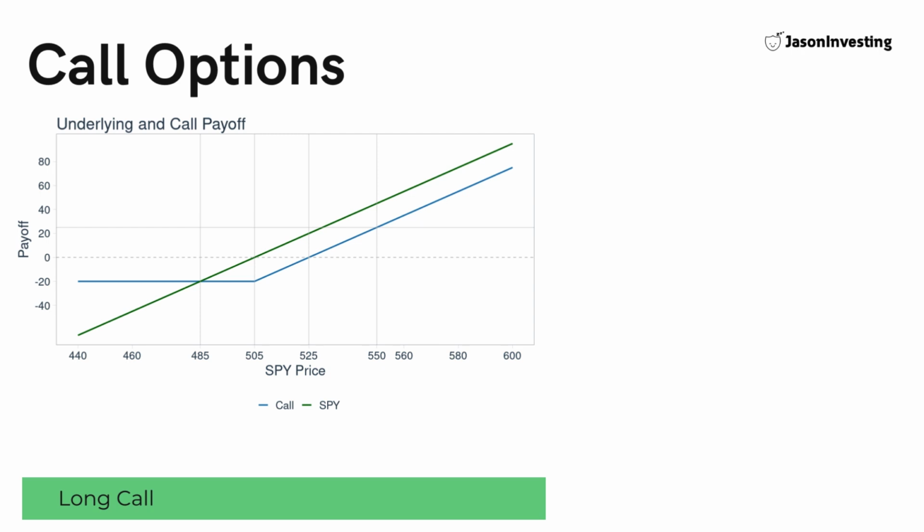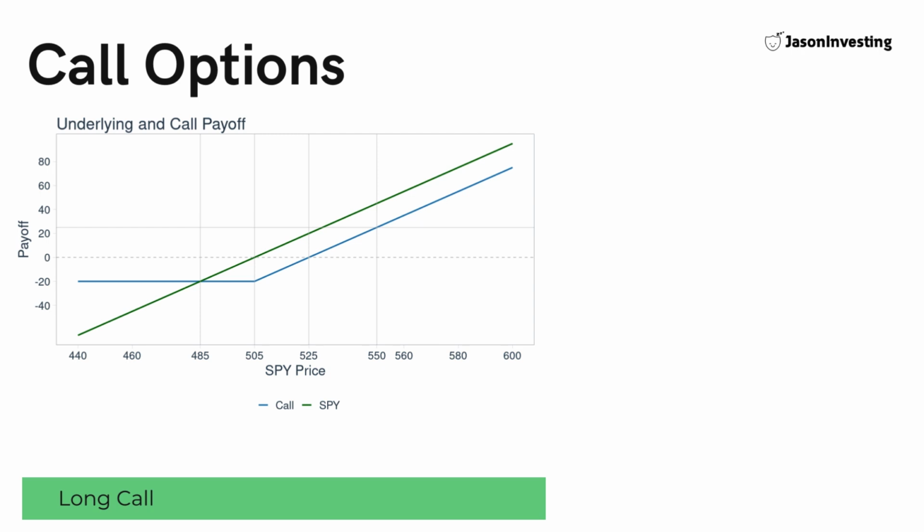So this is saying that if the underlying were to close above 485, the underlying will make more money, at a constant gap. The difference is actually the premium, which is $20, right? So how do I get 485? It's basically 505 minus 20. So the point where they meet is at 485.